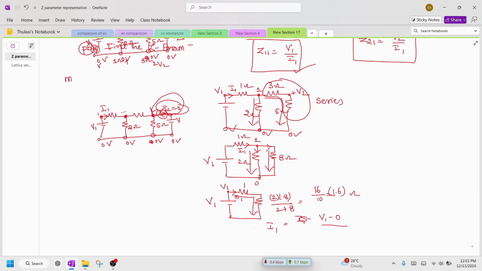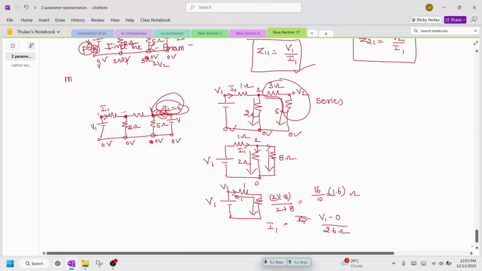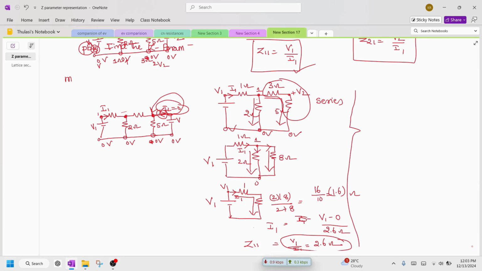This is 1 plus 1.6, which is 2.6 ohm. But we require V1 by I1, so I am transforming this in that form. V1 by I1, we are going to get the resistor as 2.6 ohm. So this is the value of Z11. This is step 1 of solving by the second method.